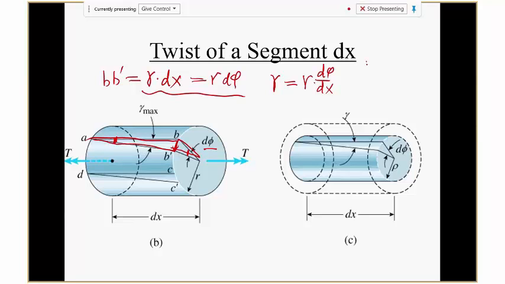If you plot the shear strain gamma versus R, you're going to have this relation. Right in the middle, gamma is going to be 0. There's no shear strain. At the very edge, you're going to have the highest shear strain. That's the largest, at the edge. It's a linear relation, actually. So that proves that the deformation is not uniform. In the middle, it's 0. At the edge, it's the maximum. That's how this shaft deforms if you apply torque.